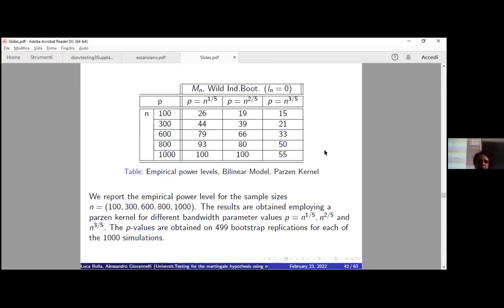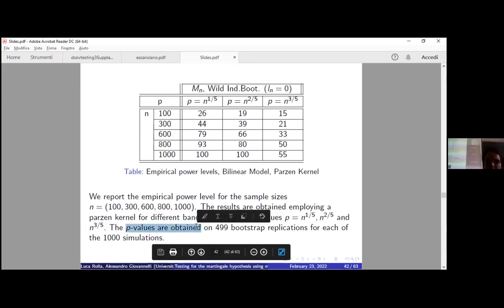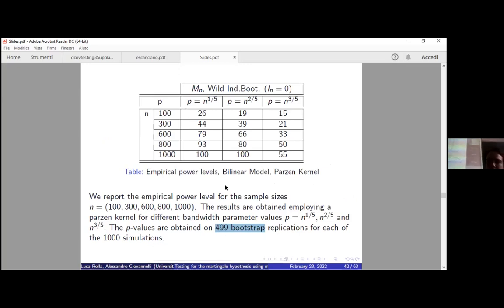We have reported different sample sizes and different values of the bandwidth parameter. Again, the p-values are obtained on 499 bootstrap replications for 1,000 simulations. For smaller values of the bandwidth parameter, we get a better approximation. We do not get to 100 for larger values.